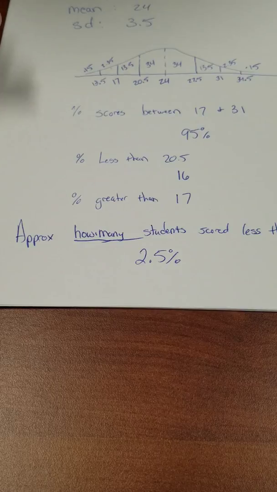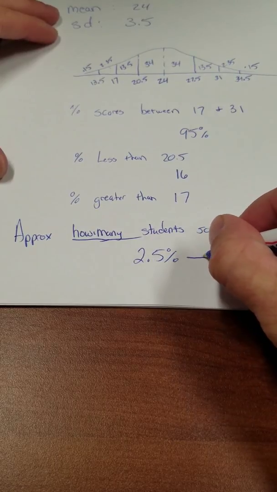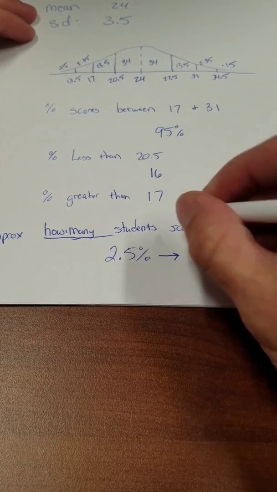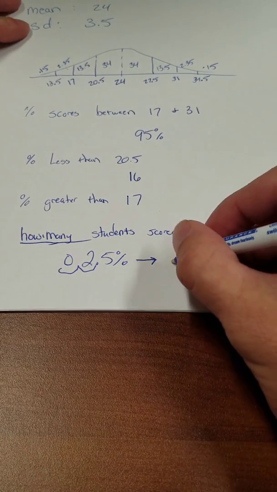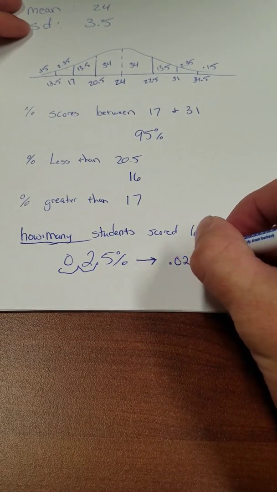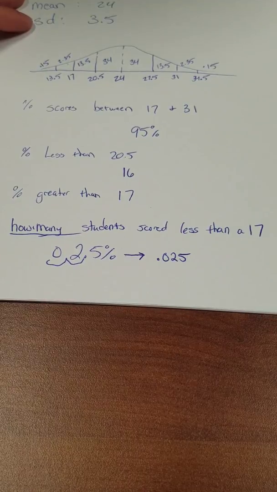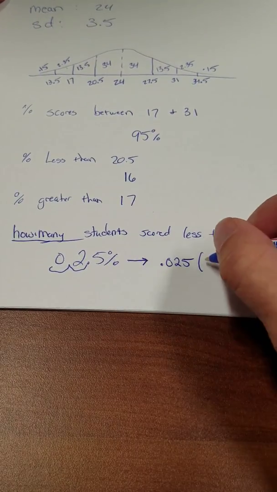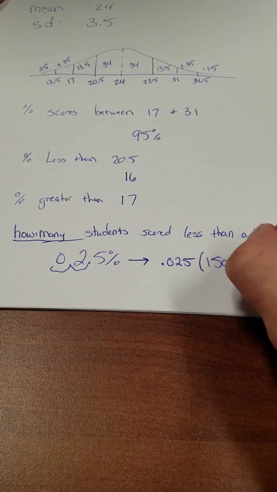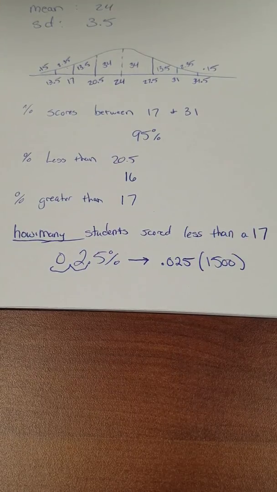However, they're not asking for percentage anymore. Okay, what they're asking for is how many. So I take my percent, I convert it to a decimal, which is move the decimal twice to the left, fill in any gaps with a 0. 0.025. I take that, I multiply it by the number of students that took the ACT, which in our case was 1,500. So now I'll multiply these two numbers together.